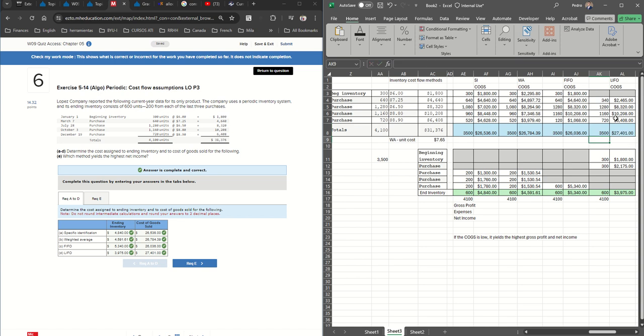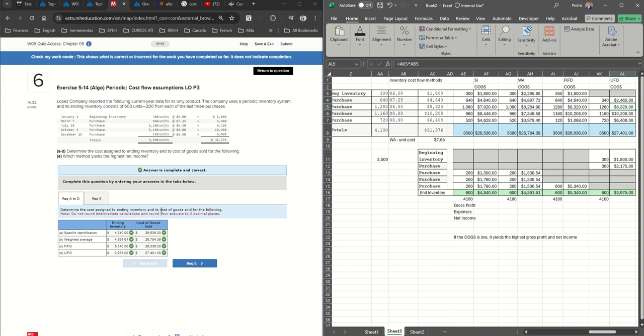Here we were figuring out, and now we have this number, 3,560, and so now we can understand that we need to put this number to complete the whole units sold, which is this one. Then we just calculate this number of units times the cost for each one of them. Then we obtain the COGS, and then we also obtain the ending inventory.